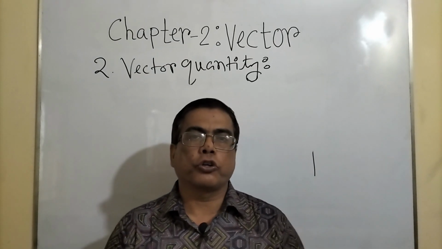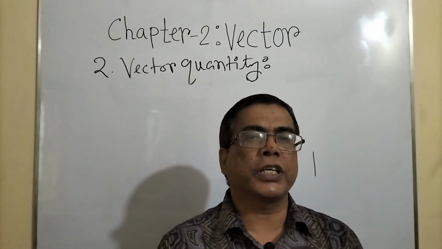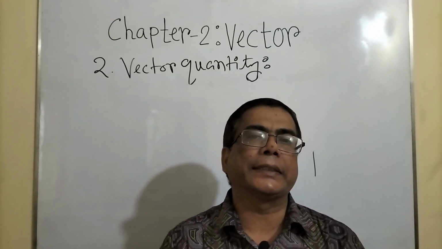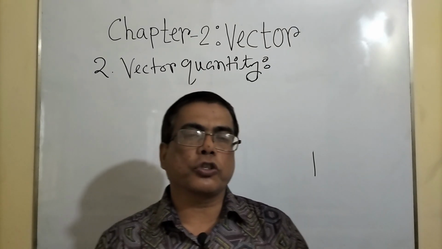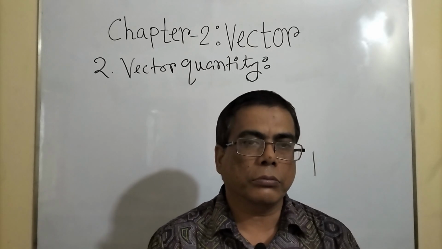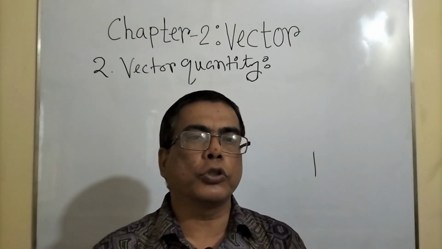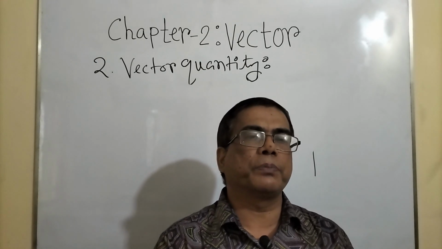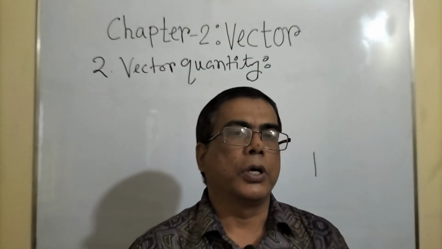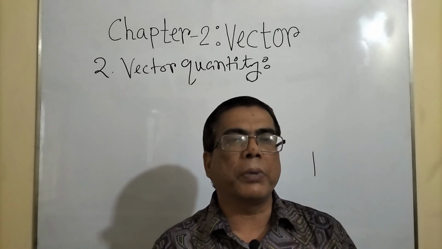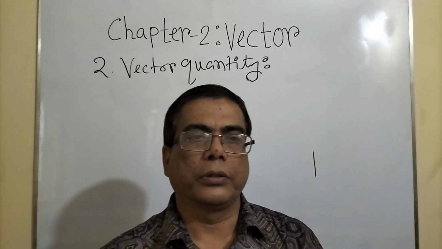In the book of Dr. Amir Hussain Khan sir, the physical quantities that have both magnitude and direction are called vector quantities. In the book of Dr. Shahjahan Tapan sir, the definition is the physical quantities that require both magnitude and direction to be represented fully are called vector quantities. In this definition, it is not mentioned what is the way to represent the vector quantity.